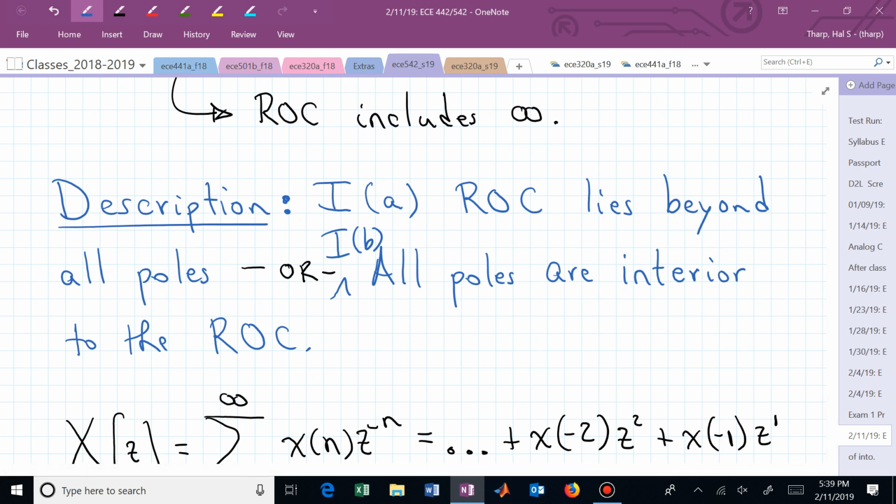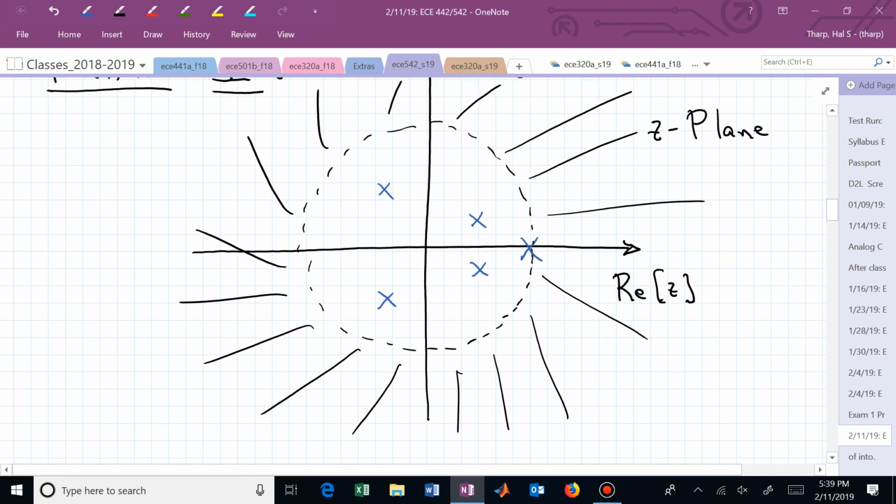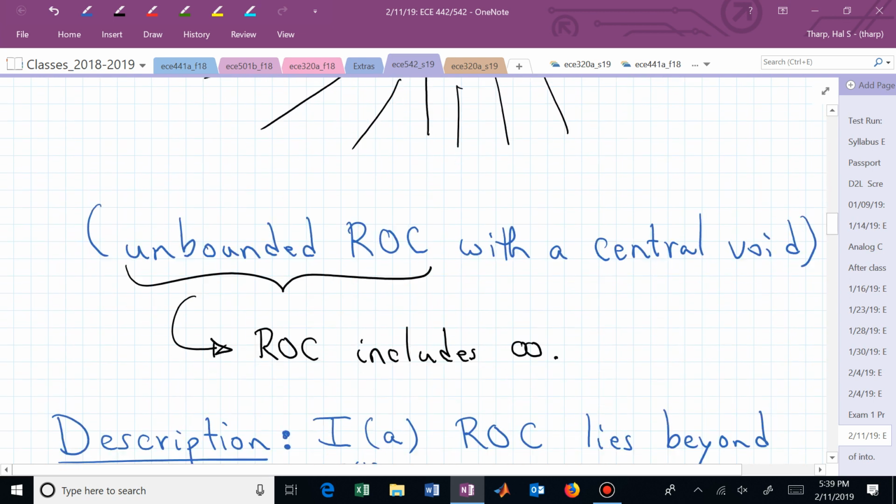The region of convergence lies beyond all poles. That's one way of describing that pattern number 1. Or all poles are interior to the region of convergence. Whichever way you feel more comfortable thinking of that region of convergence. This is pattern number 1.